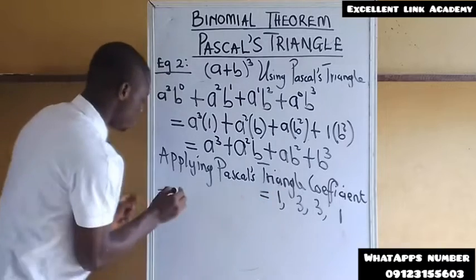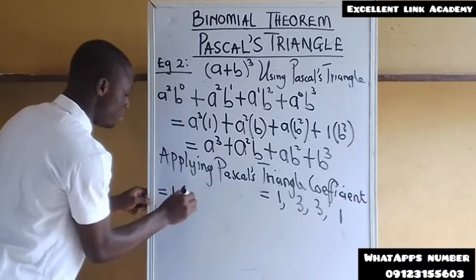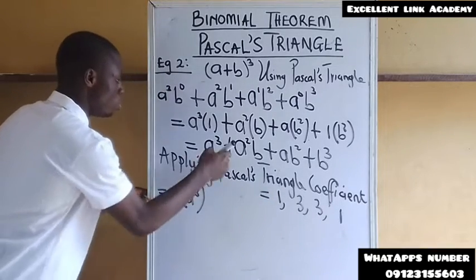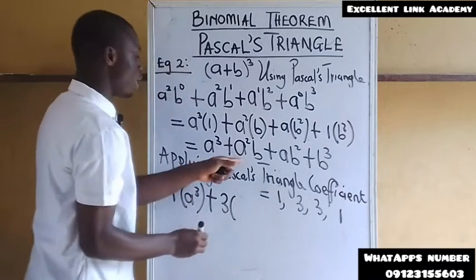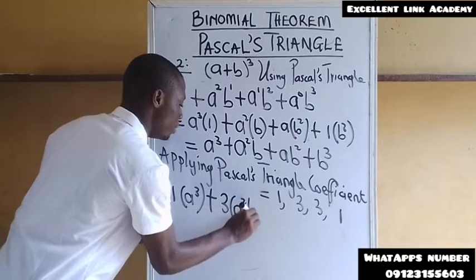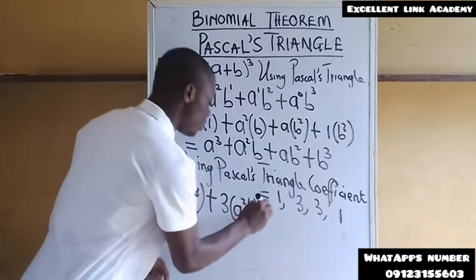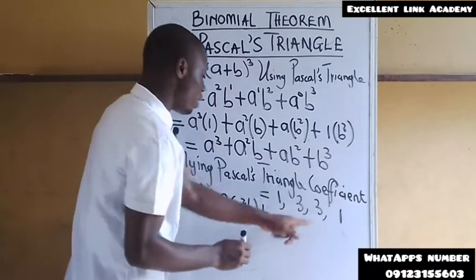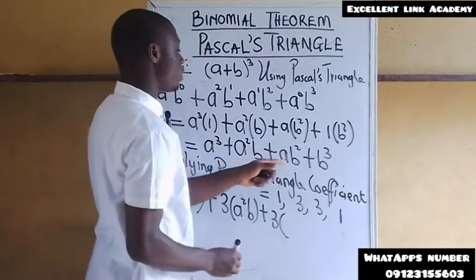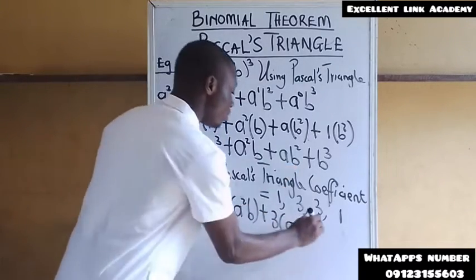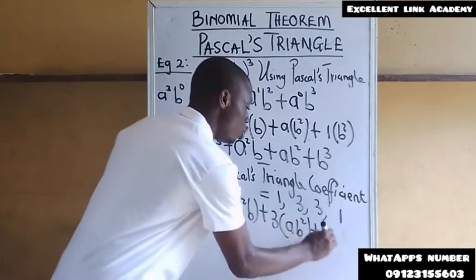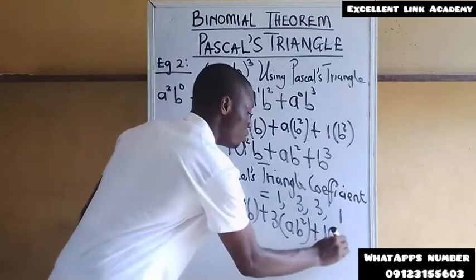Take this one into the first term, a cubed, plus, take the second term here, 3, into the second term here, a squared b, plus the third term is 3, into the third term here, ab squared, plus I have 1 into the last term, b cubed.